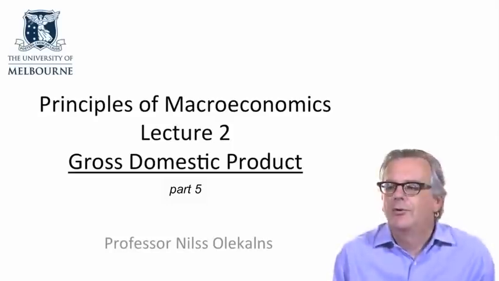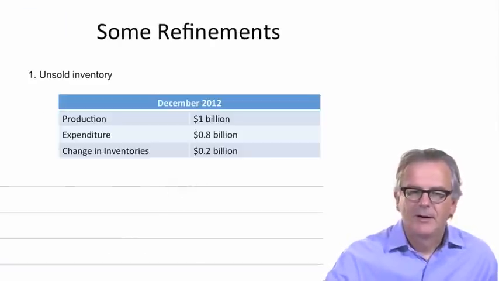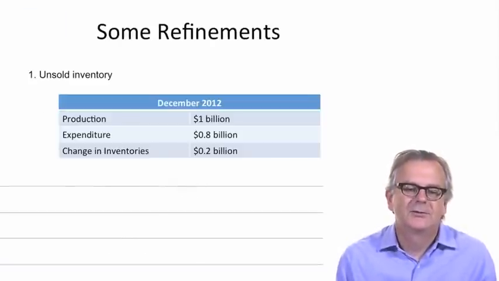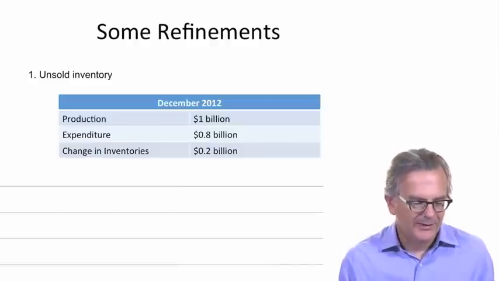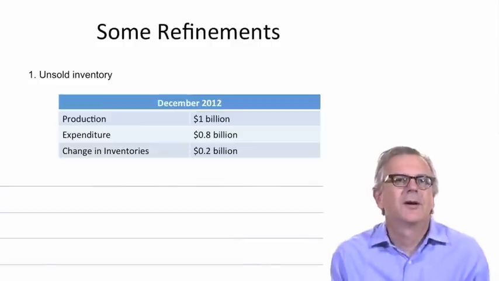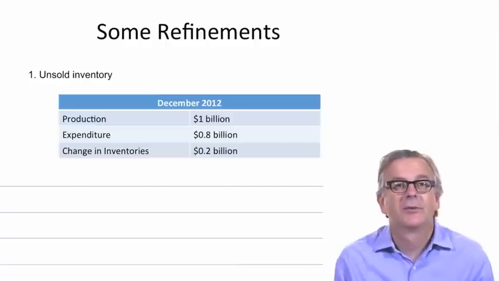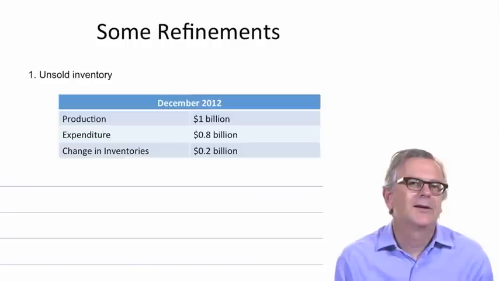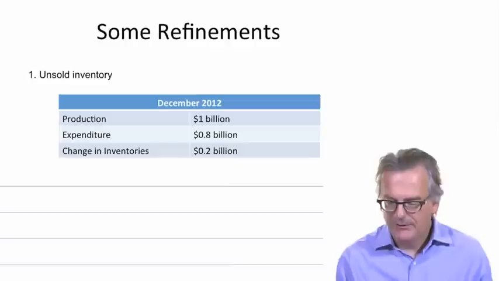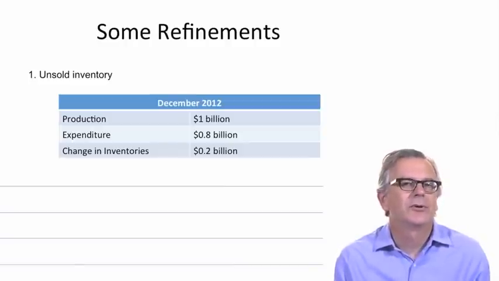One important refinement about GDP, and this relates to unsold inventory. You may already have been wondering how this is handled, because after all, I've been talking a lot about how there is an equivalence between production and expenditure, which makes it sound as if each and every period, whatever is produced is actually purchased.